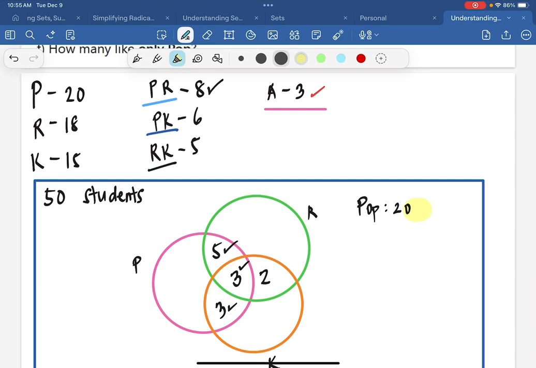So minus 5, minus 3, minus 3. For pop, we get to have 20 minus 5 is 15. 15 minus 3 is 12. And 12 minus 3 is 9. So that means for pop alone, or limited to pop alone, is 9.